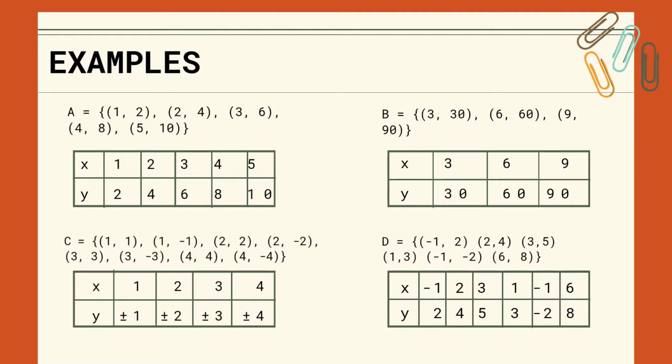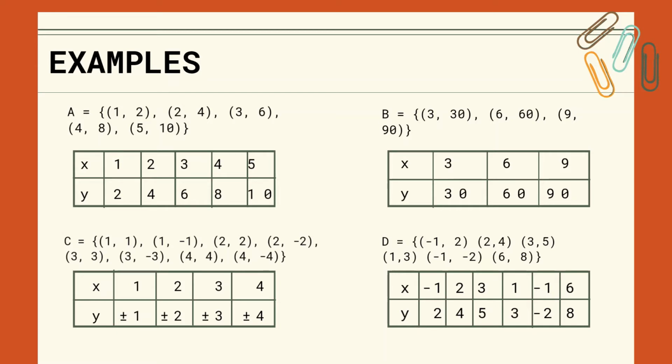For the third example, we have C is the set of (1, 1), (1, -1), (2, 2), (2, -2), (3, 3), (3, -3), (4, 4), and (4, -4). Again, x coordinates on the first row and y coordinates on the second row. Since there are repeating numbers in the domain, this is a relation.